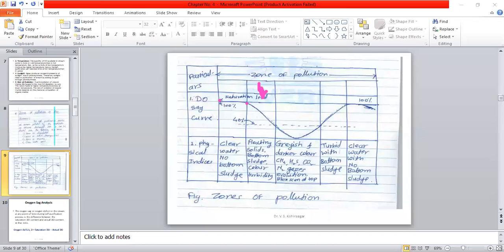Because this is aerobic activity, not anaerobic activity, during the aerobic decomposition carbon dioxide starts emitting, and slowly the oxygen level starts falling. If the oxygen level is reducing, we call it the deoxygenation process.